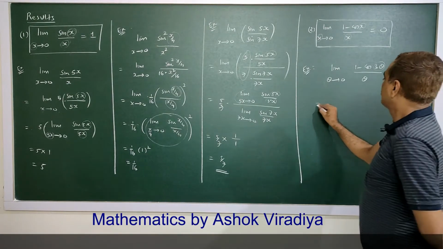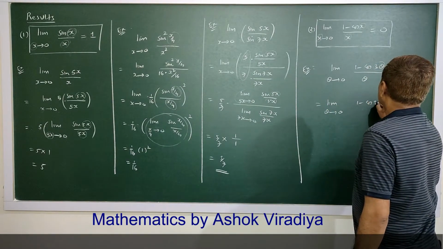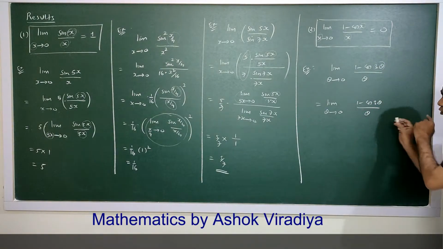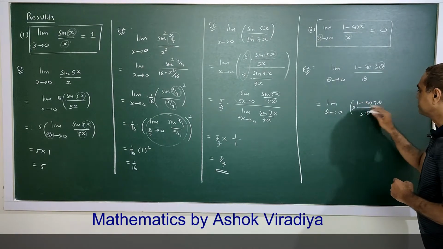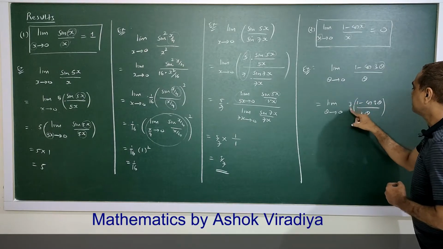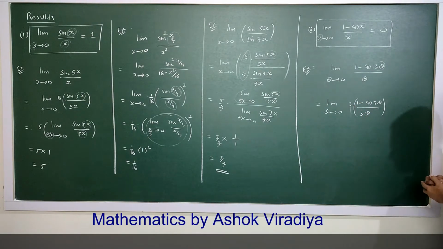So what we do? Here 1 minus cos 3 theta upon theta, this is as it is. Now I multiply by 3, divide by 3. That means here 3 is multiplied, here we can say 3 is divided.